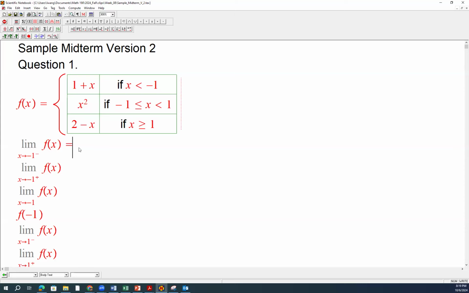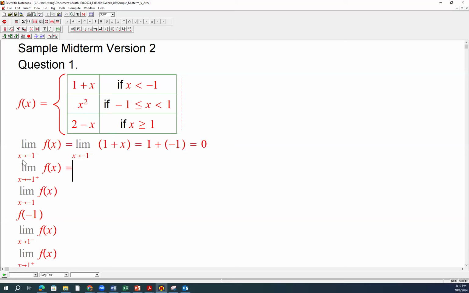At -1, when we consider the limit from the left, which is smaller than -1, we choose the function 1 plus x. Then it's direct substitution, which is 1 plus -1, which is equal to 0.